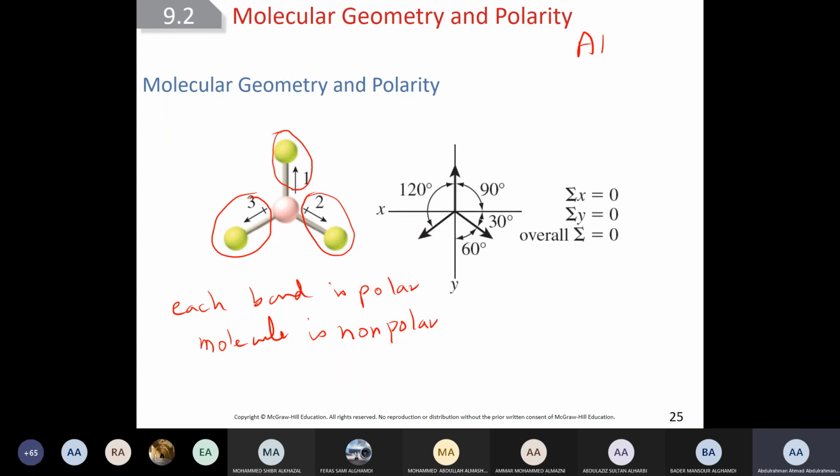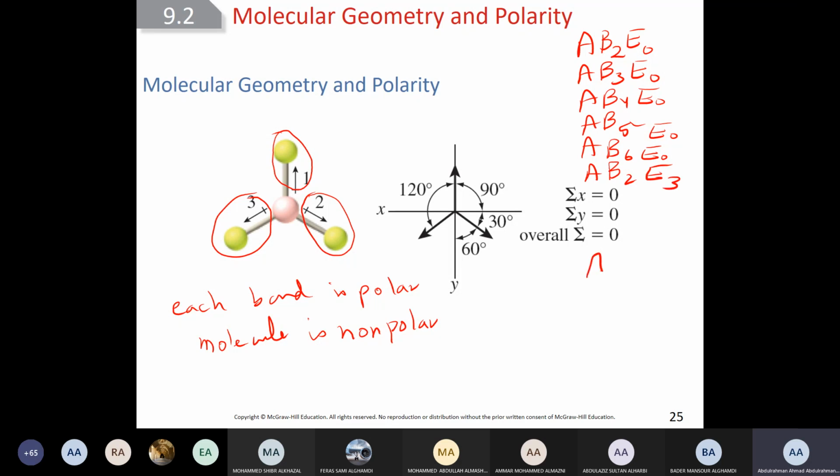If you have AB2E0, AB3E0, AB4E0, AB5E0, AB6E0, and then we have AB2E3 and AB4E2, these molecules are actually nonpolar if the terminal atom is the same.